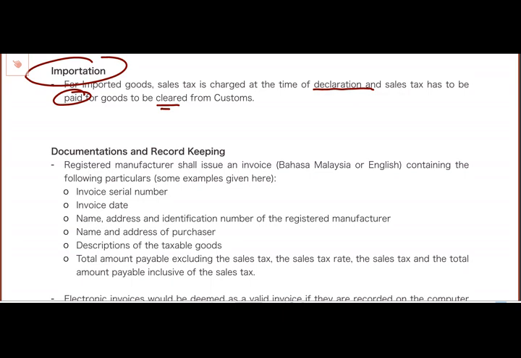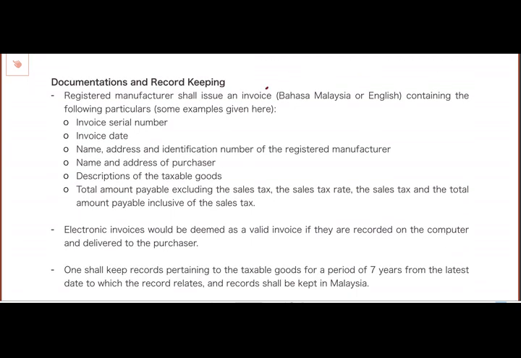Alright, now just like GST in the past, you have to maintain records. So as a registered manufacturer, you have to keep records. And records that you keep include, you must issue invoice. No more tax invoice, it's not GST, it's just called invoice. Now, the invoice will need to have a couple of particulars, which I have given down as some examples.